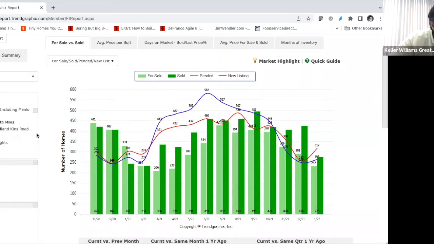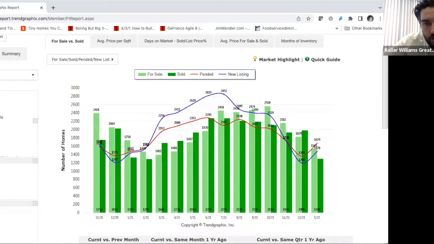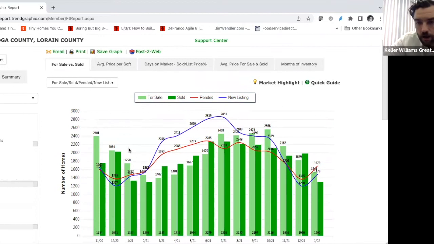Maybe I can only do zip codes, combined zip codes. Let's try this one more time. There we go. That should work. So now I can see Lorain County and Cuyahoga County together and what their total inventory, new listings, pended and solds are. The trends are similar, right, as what we're seeing everywhere.